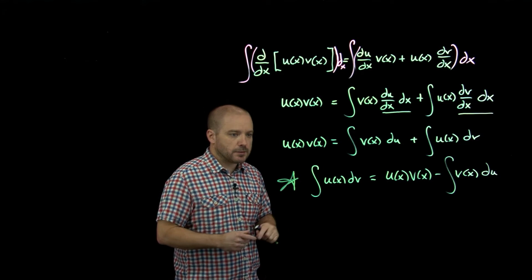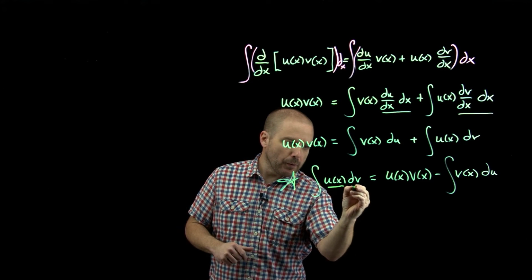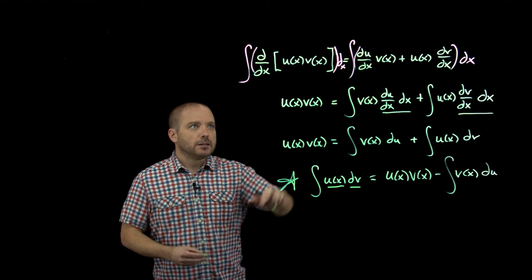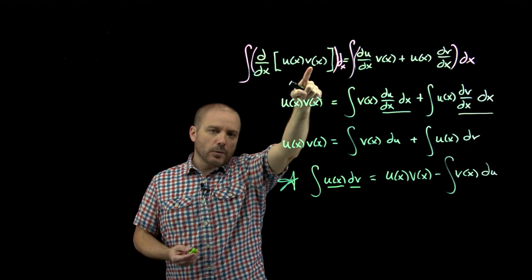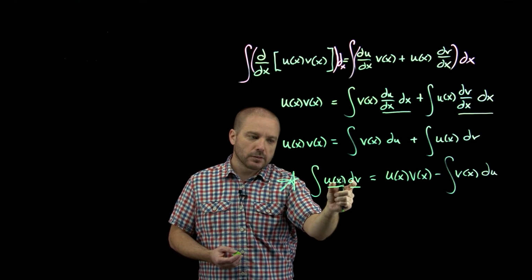Let's see what it does. It says if you have an integral, think about what these two pieces are. u of x is some function of x, and v of x is some function of x, and this is its differential. So really this is a product of two functions.